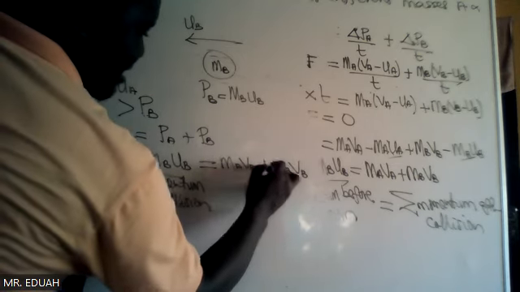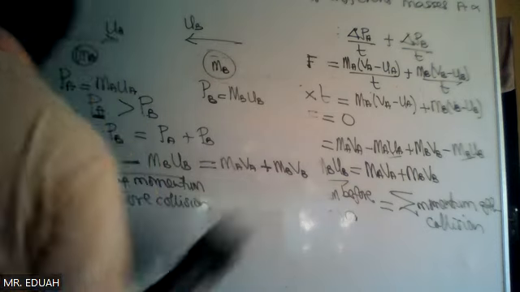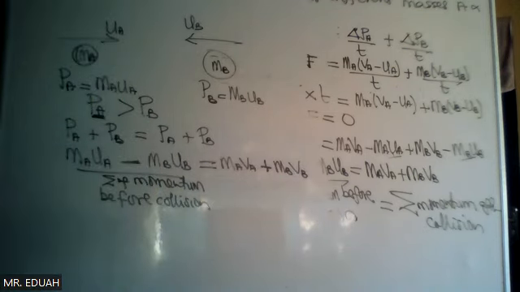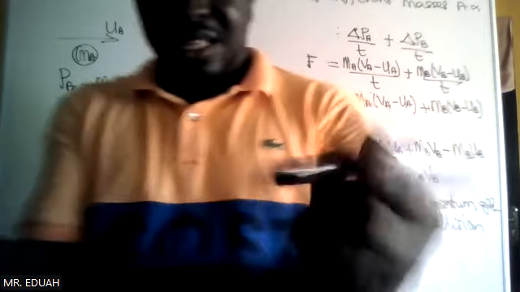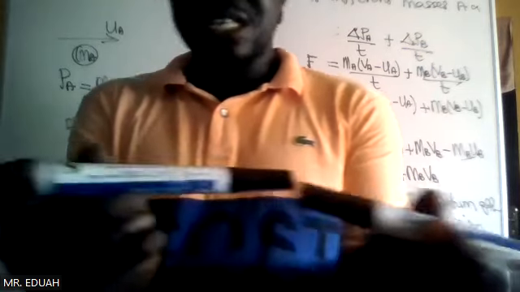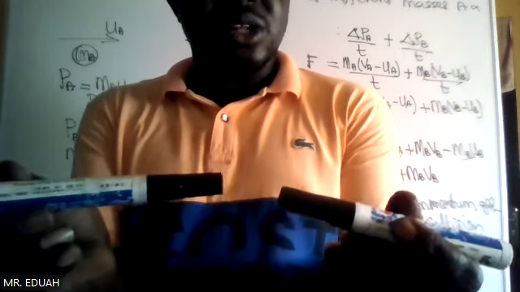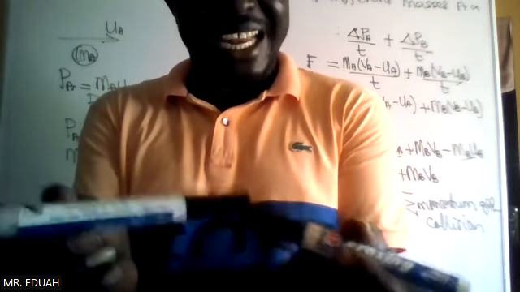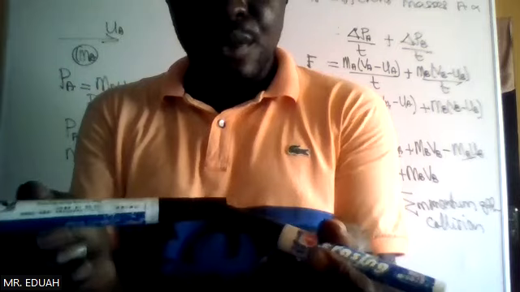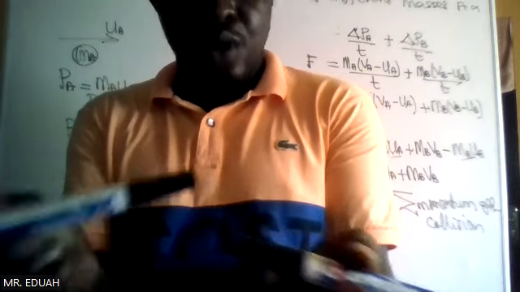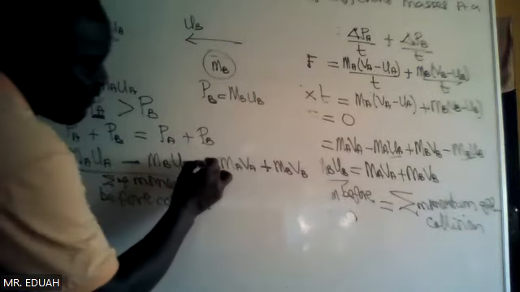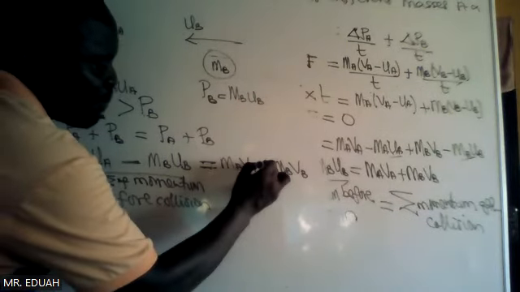One may ask, why isn't there a minus sign? The reason is that if two bodies are coming to collide, body A, body B, just before collision, you can easily determine their direction. But until they have actually collided and you have seen them moving either in one way or the other, you cannot tell their directions. That is why after collision, there is plus.